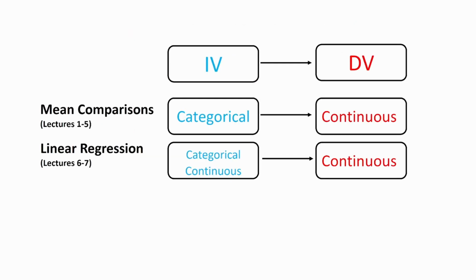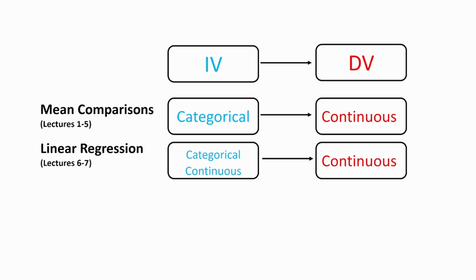As you can see, actually we saw this slide earlier. So we know that the dependent variable is always continuous, at least in this context. Of course, it could be other types of data, but that's beyond the scope of this tutorial. So in this tutorial, we're going to focus on the dependent variable being a continuous variable. For the mean comparison, the independent variable is a categorical variable.